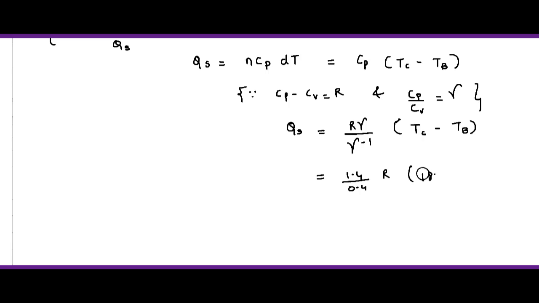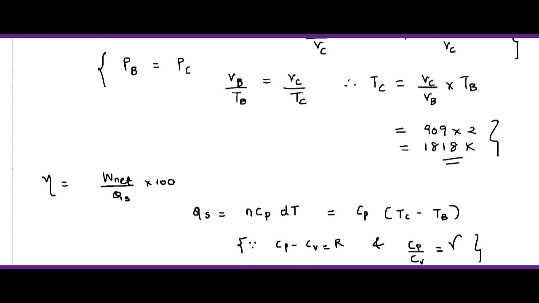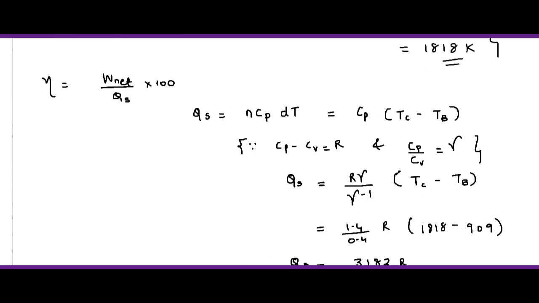So 1818 minus 909, and that comes out to be approximately 3.182 R. This is the value of heat supplied we have calculated. Now we have to calculate the work done.